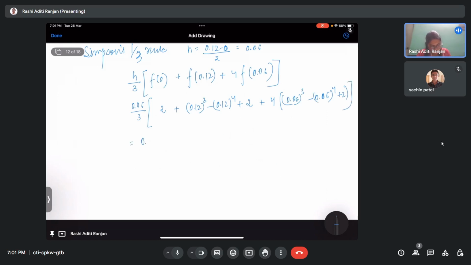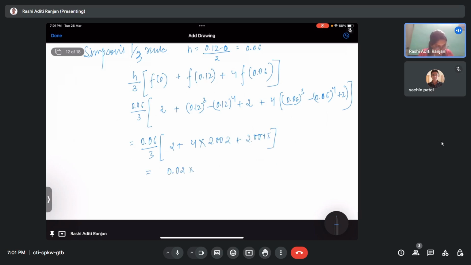So this would come out to be 0.06 by 3 into 2 plus 4 into 2.002, plus 2.